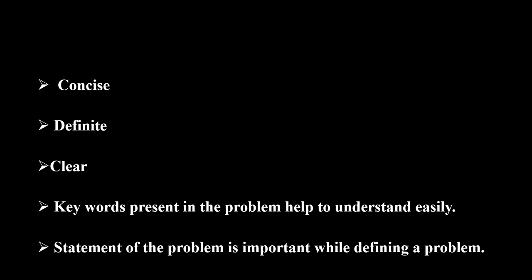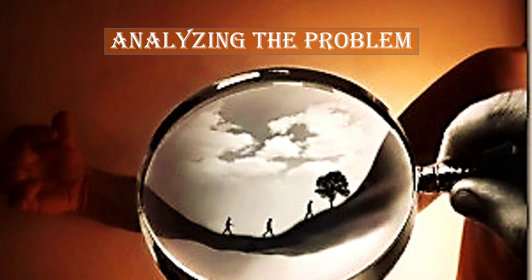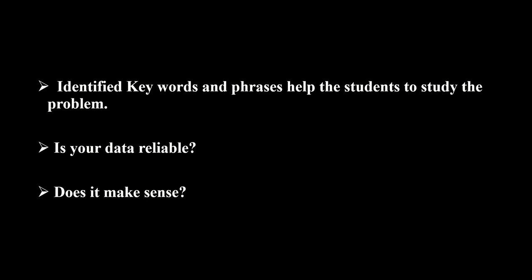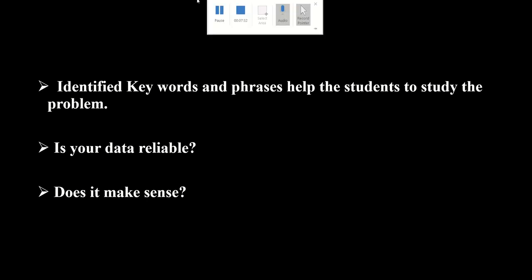So the next step is analyzing the problem. The identified keywords and phrases help the students to study the problem. By analyzing the problem, we can answer questions like, is your data reliable? Does it make sense?